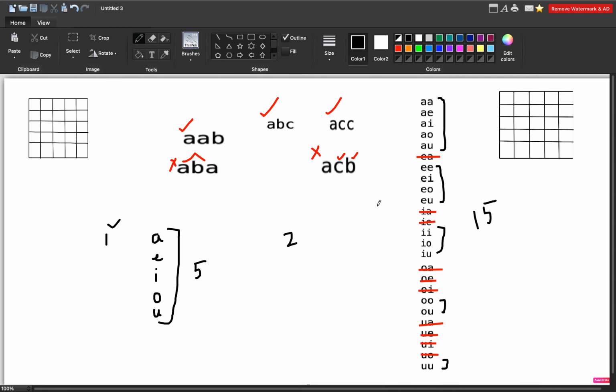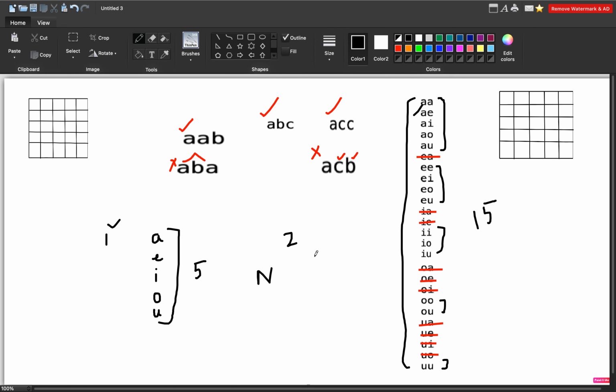So the first thing that can come to your mind is that obviously we can generate all the strings of length n. If you observe carefully, the total number of strings written here is 25. You can count them, they are 25.